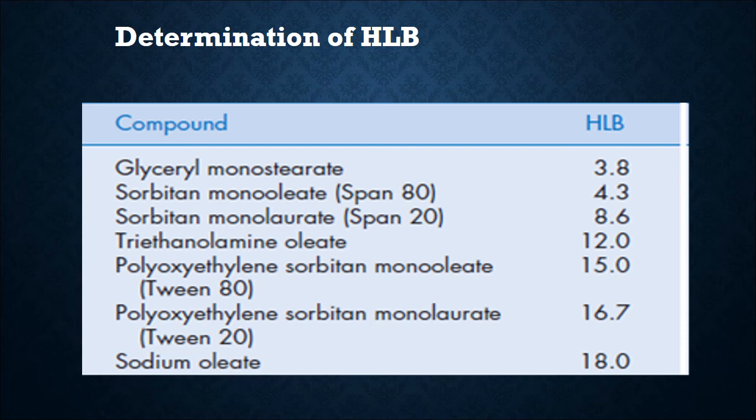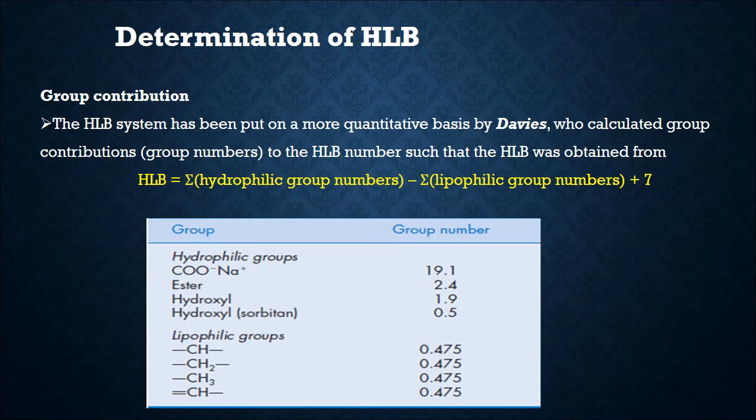Okay, and here are some examples of HLB values that have been determined. And the HLB system has been put on a more quantitative basis by Davies, who calculated the group contributions to the HLB number such that the HLB was obtained from the summation of hydrophilic group numbers minus the lipophilic group numbers plus 7.